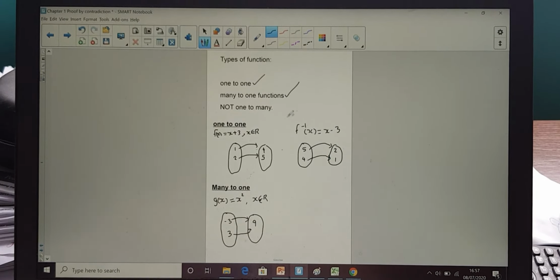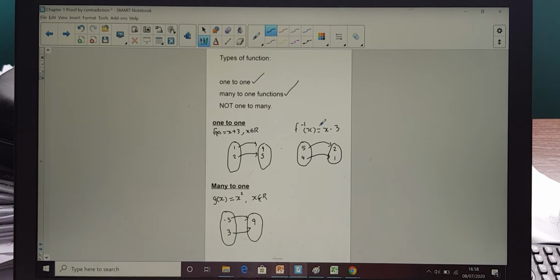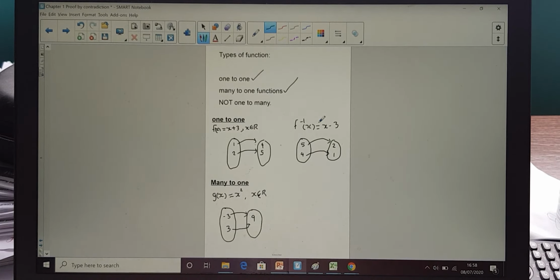So that works. If I have a one-to-one function, this is really important, it will have an inverse function. This is important to remember, and you're going to see it in a second. Only if there is a one-to-one function will there be an inverse function.